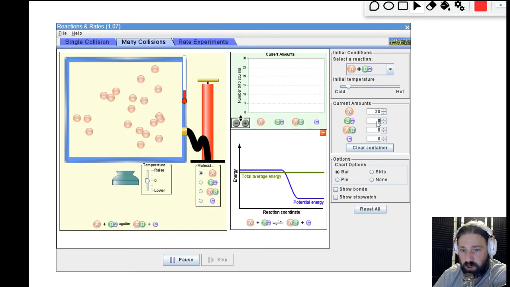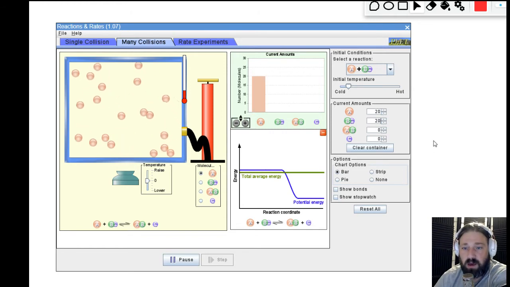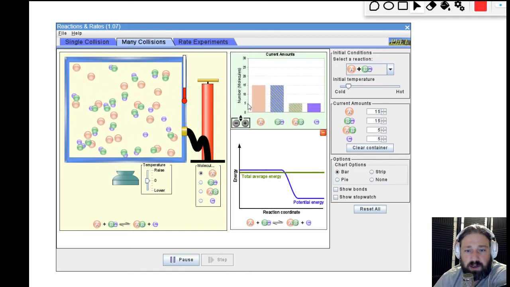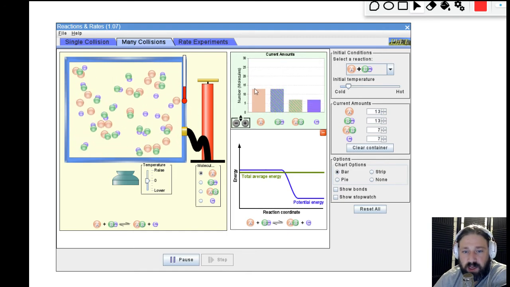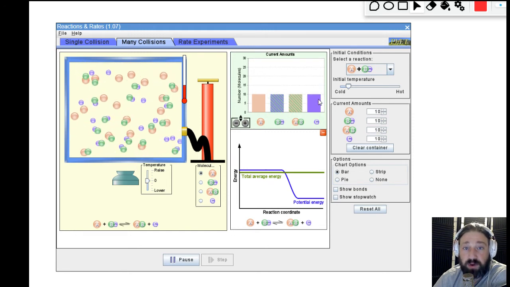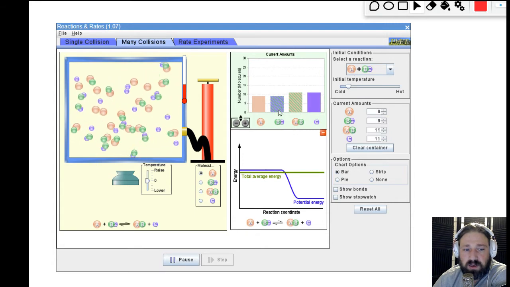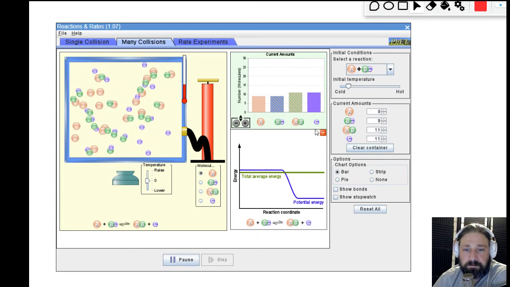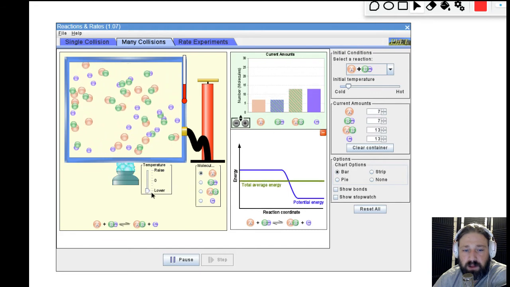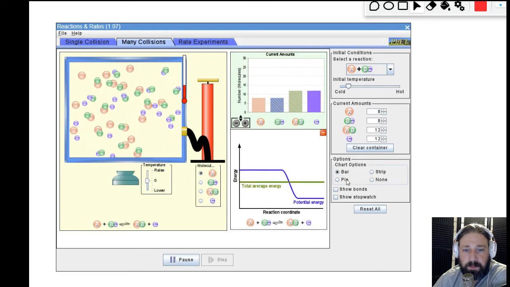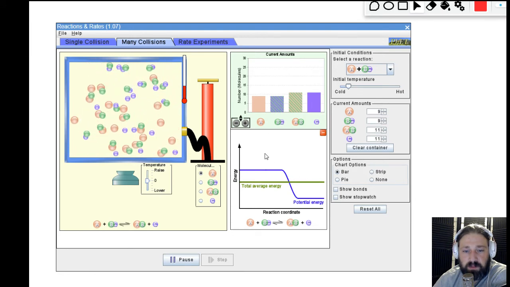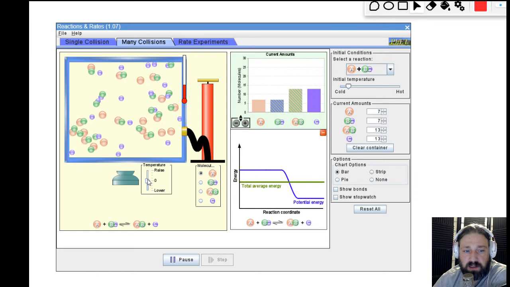So let me do 20 and 20, go. And you can see that really quickly, it just started moving down and gathering up a bunch of products. Okay. There's that. And if I lower this down a little bit more, it's going to be harder for these guys to become reactants again.